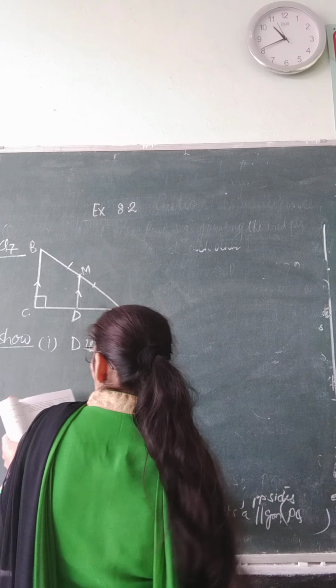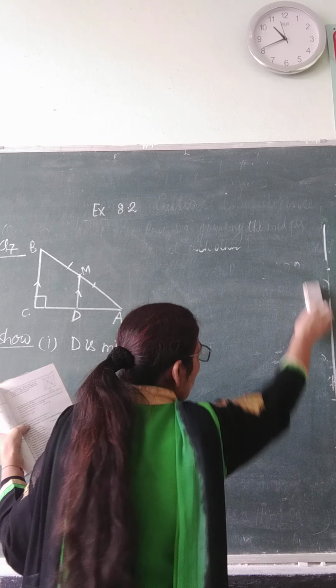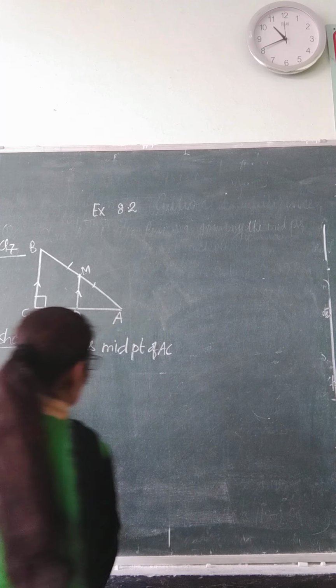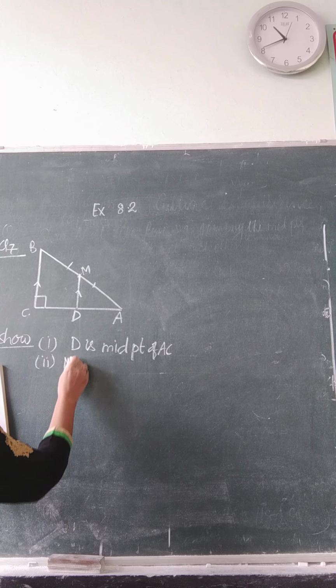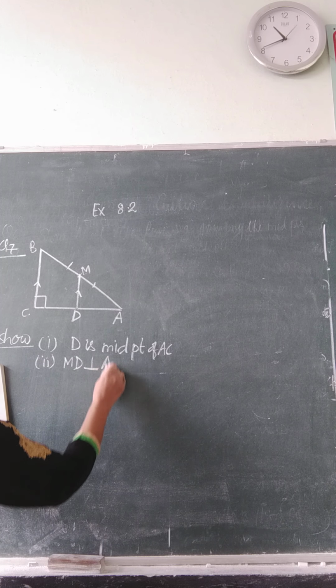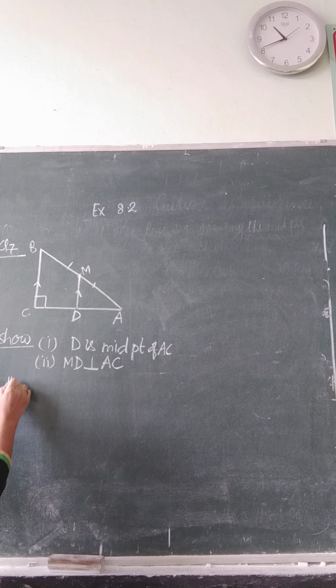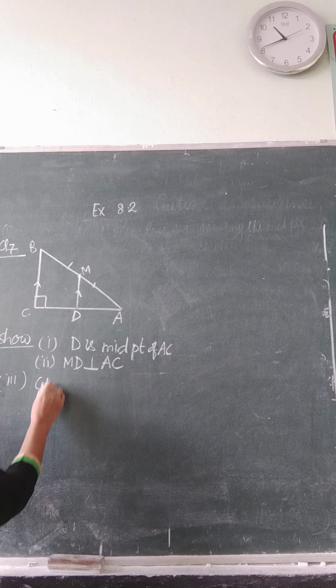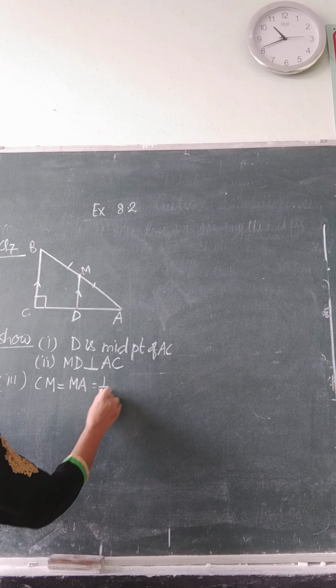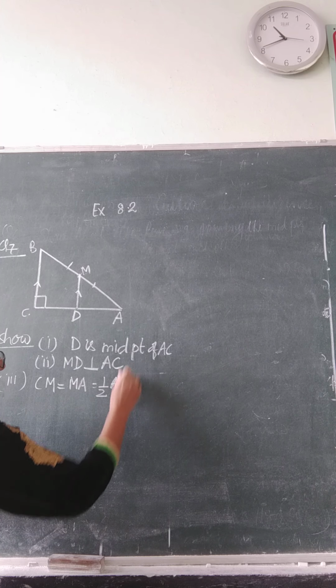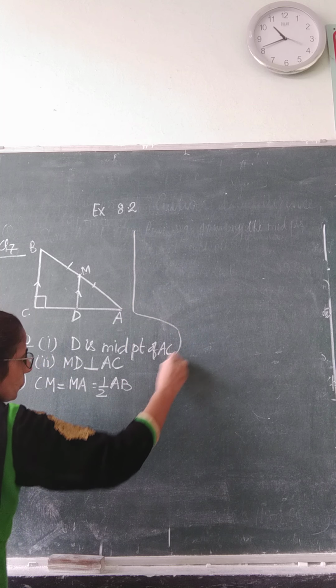Second, we have to show MD is perpendicular to AC, and third thing we have to prove CM is equal to MA is equal to half of AB. Very simple question. Let's proceed.